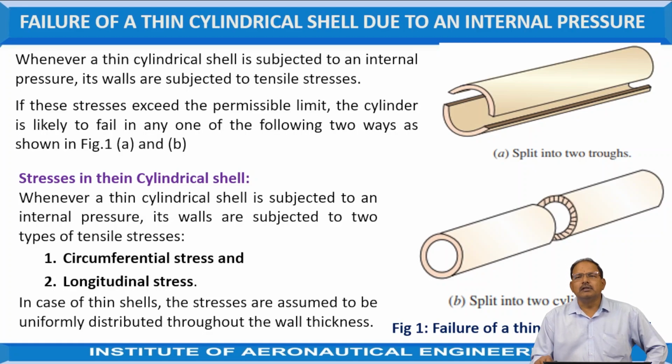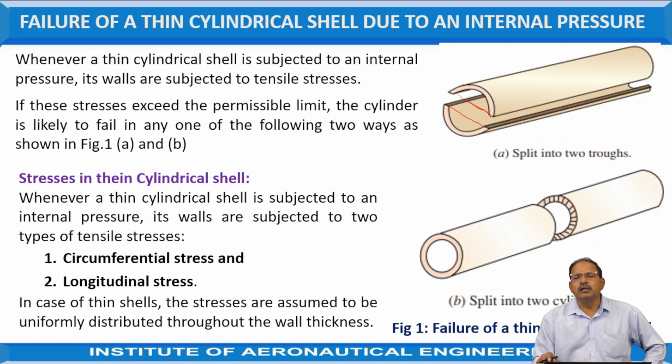Circumferential stress always acts perpendicular to the tangent taken at the circumference of the circle to its length, or in other words, perpendicular to its diameter. Because of this effect, it splits into two troughs as shown in the figure.